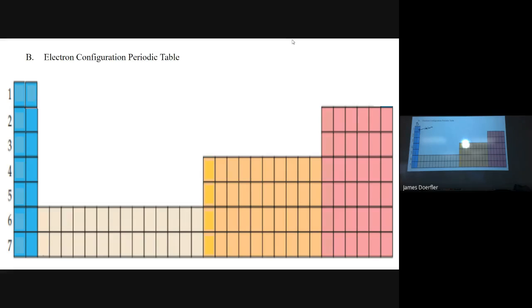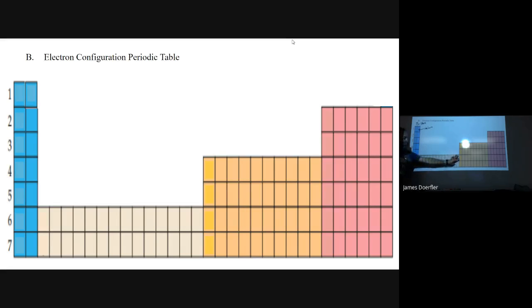That's what that is. And to get technical, I might as well write down how I describe it. Call them blocks. Those first two vertical columns are the S block, including helium, which on the periodic table is found all the way over to the right.